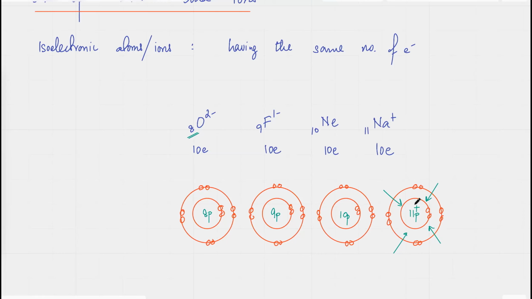But the point is, who's going to attract the electrons more? You've got an atom with fewer protons. You've got an atom or an ion with more protons. So if you have more protons in the nucleus, the attraction for the electrons is going to be greater. Which is why the size of the atom, because the electrons would be more strongly attracted, the electrons would be pulled tighter to the nucleus. Is this point clear?